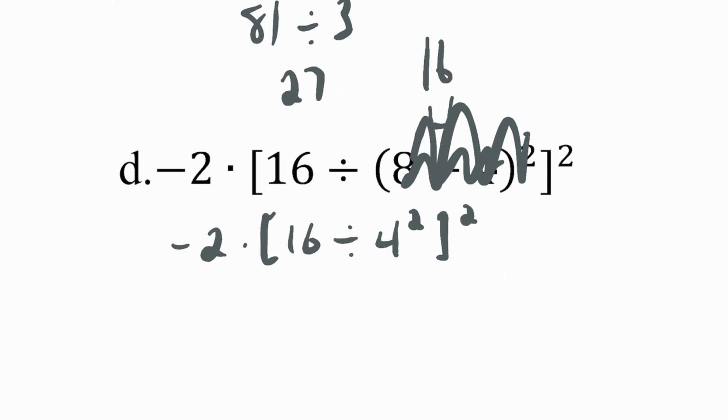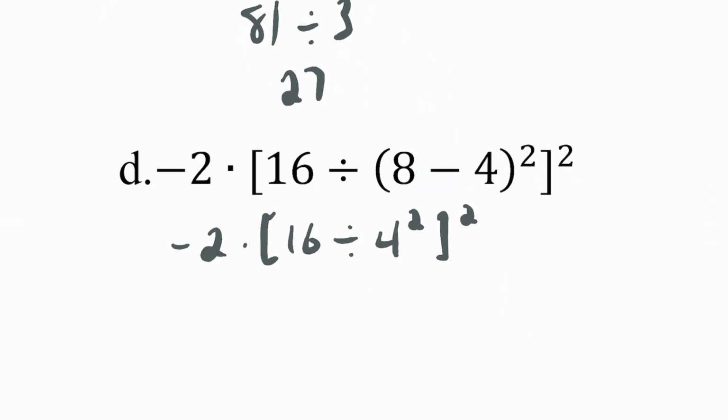But then when someone goes to read your work and grade it, especially in this class and later classes, it's going to be hard for them to follow what you're doing if all of the old steps are completely scratched out. They can't even read what you wrote half the time or 80% of the time. So it's tedious, I know, but it's just good practice to write the whole thing again. It's being thorough, right?